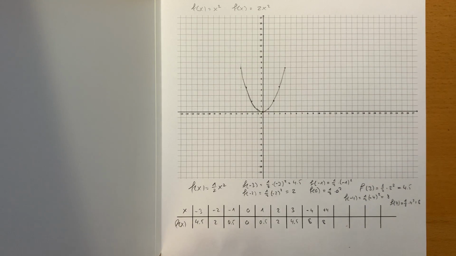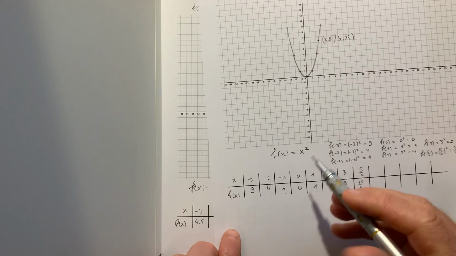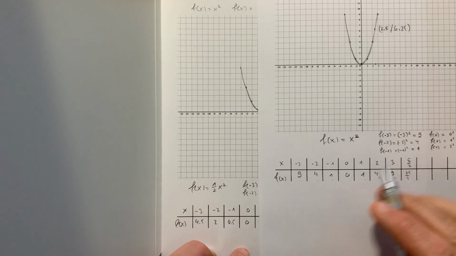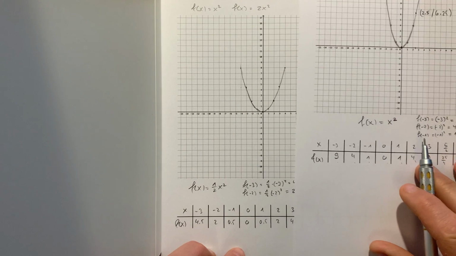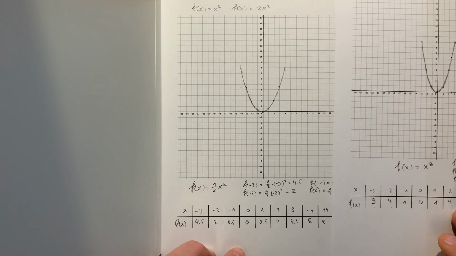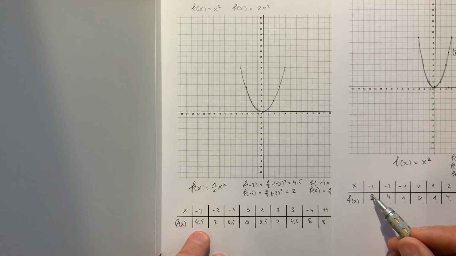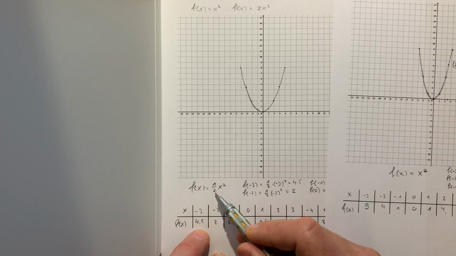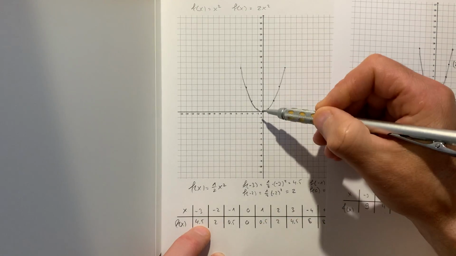Now, let's compare this to the ones that we did before. Now look, this was the original parabola. F of x is x squared. Now you multiply everything by 1/2. Obviously, what you're going to get is always 1/2 of it. So if you use your original parabola here and you multiply it by 1/2, you shrink it down.